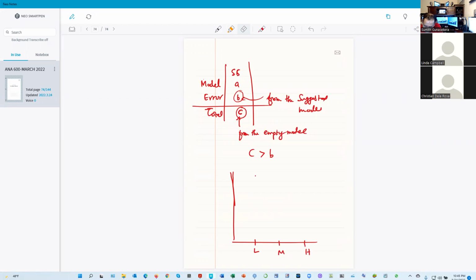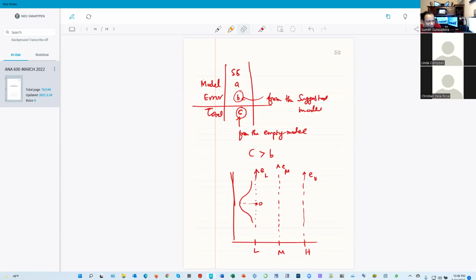If you look at the residuals, the errors of the low group, the medium group, the high group, and draw a histogram for them, they're going to be balanced on 0.